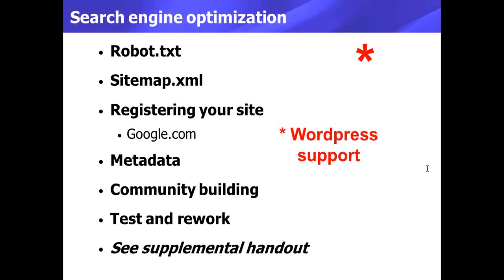Then Google emails you a token, which you then post on the server that you've said you're in charge of, and therefore Google knows that you're actually the person in charge of that site. All three of those things you can find information about just by Googling exactly what's in those bullet points.